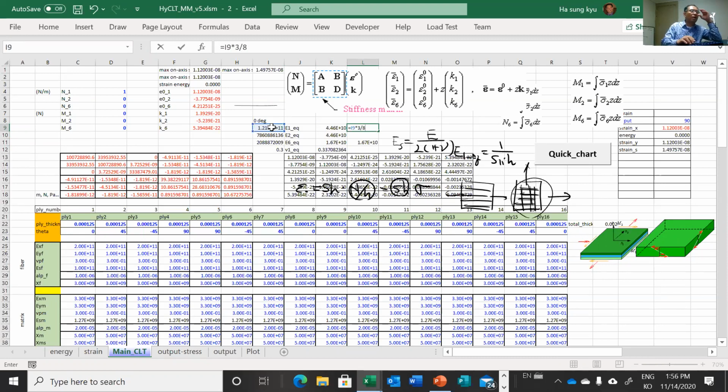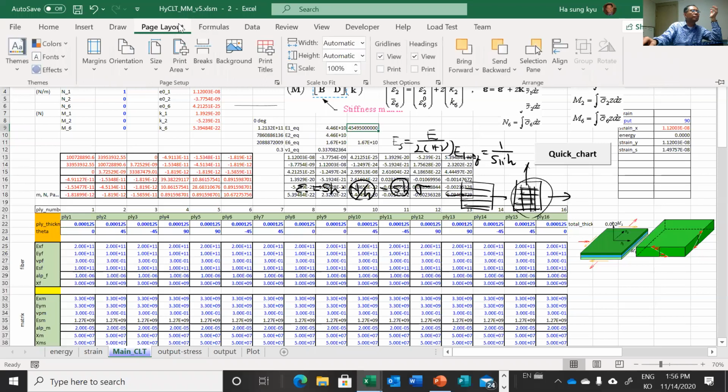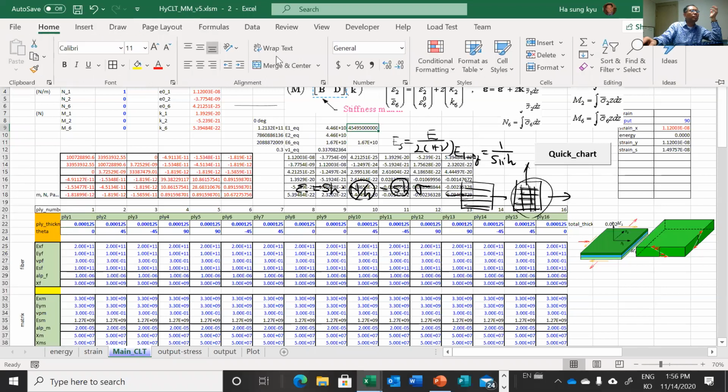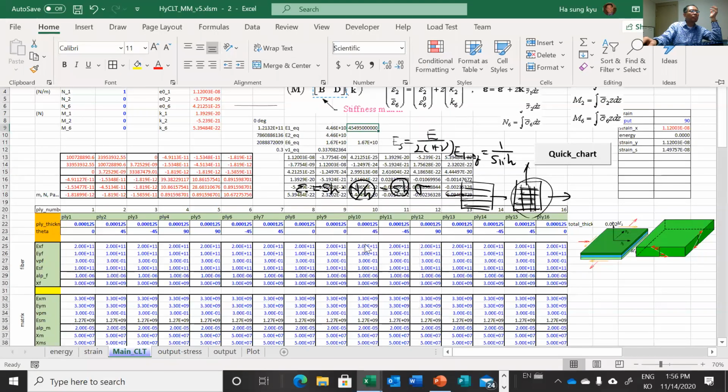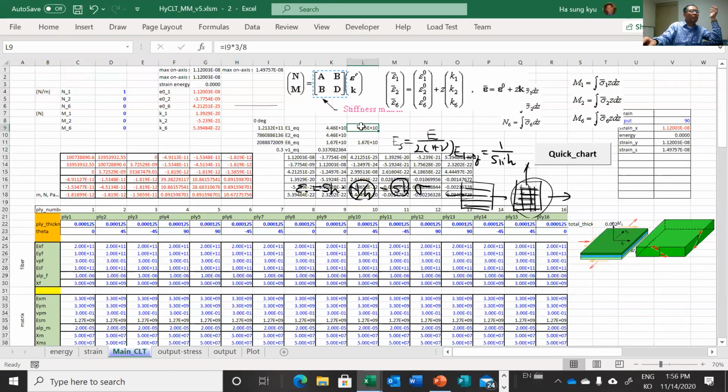Okay, 3/8 is the magic number, and once you apply the 3/8, this value is very close. I mean, close enough.